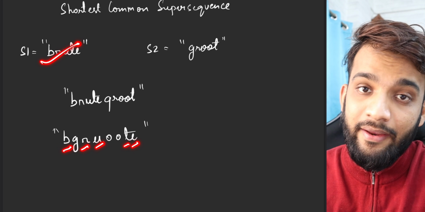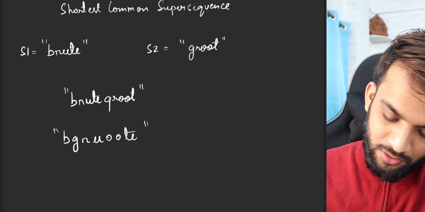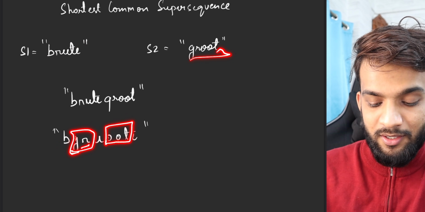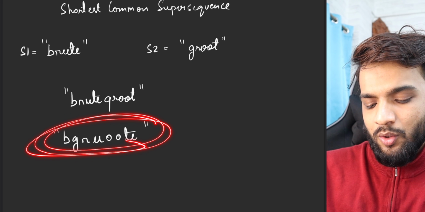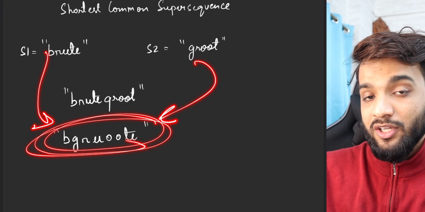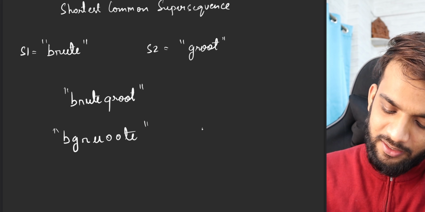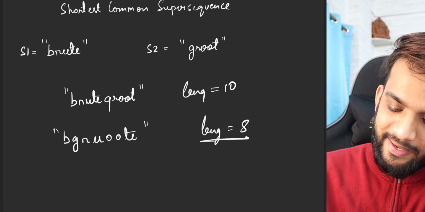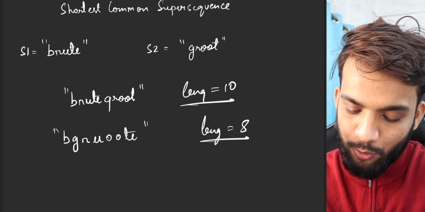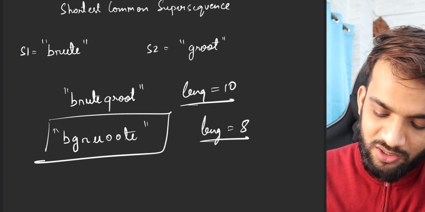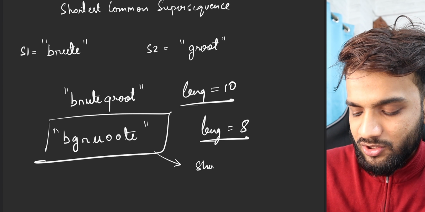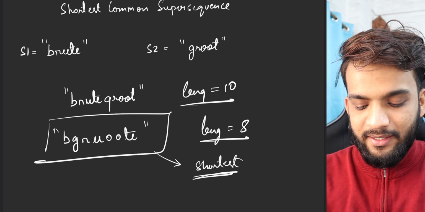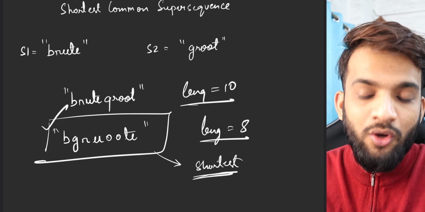B-R-U-T-E, brute is there. Does it have groot? G-R-O-O-T, groot is also there. So in this string we have brute and groot as well. The length of the string is 8, whereas over here the length was 10. I want you to give me the shortest, and this is indeed the shortest. You can try out all of the super sequences, but you'll find that this is the shortest one.